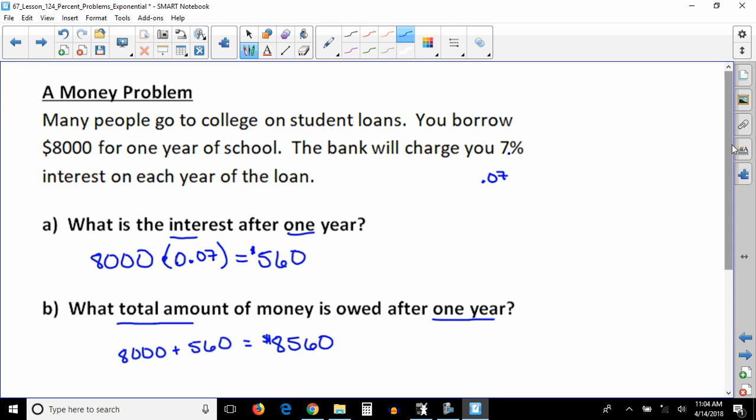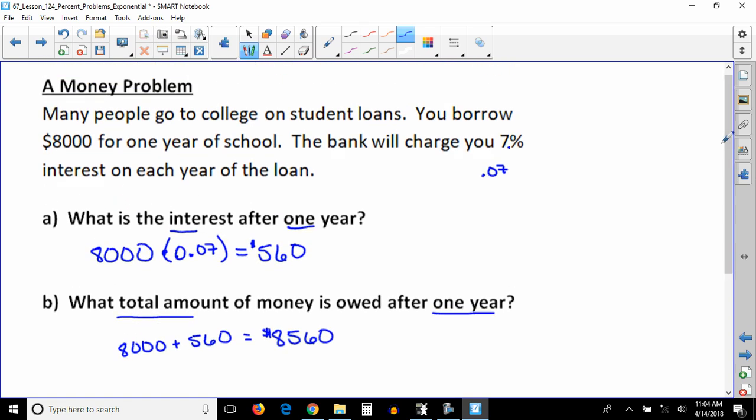And that's nice and easy, not a really hard problem to think about. That's a 1 year deal, but the issue is that most of us don't pay loans off or pay things back in 1 year. It takes multiple years.